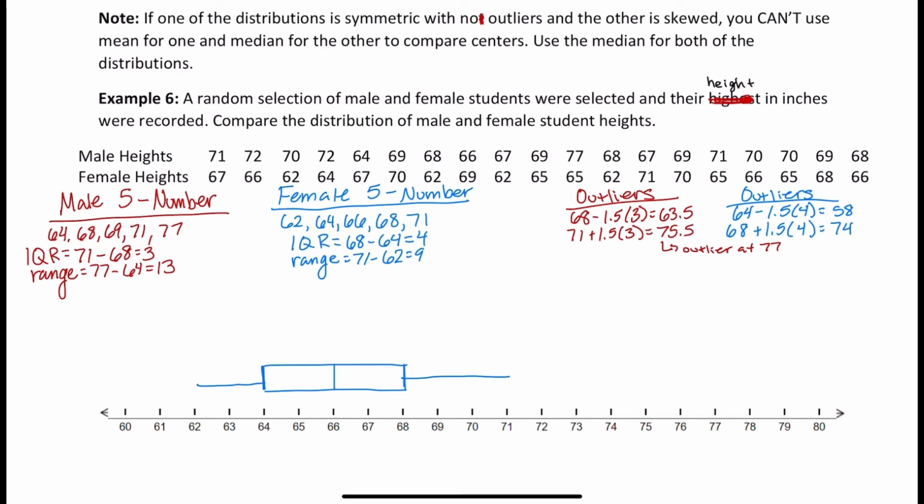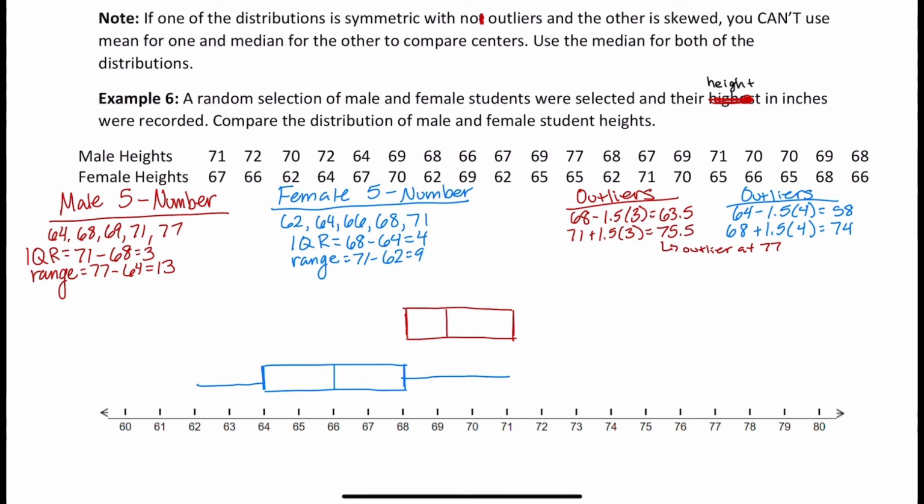And now our male box plot. Again, we start with our Q1, so 68. So we have that box at 68, and our Q3 at 71. We'll draw that box. Notice how we're doing them on top of each other, but they're not actually touching. That's that definition of parallel coming back in. And our median at 69.